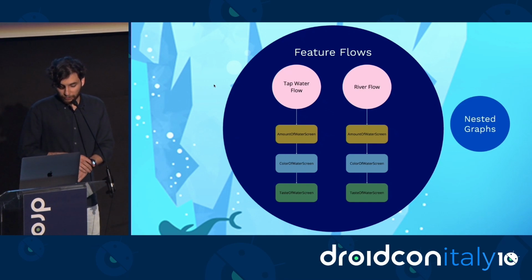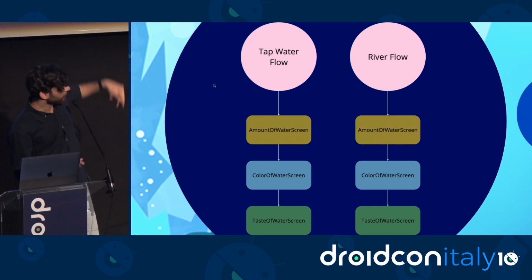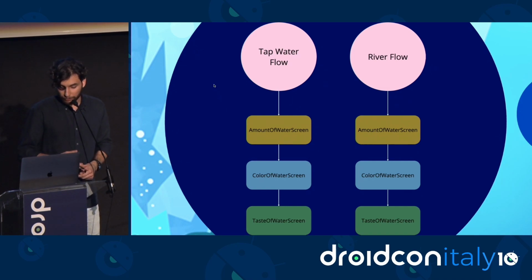Each of these flows had something like 8 screens, but the thing was that both of those flows shared 3 screens. For example, if you look at the tap water flow on the left, it has amount of water screen, color of water screen, and taste of water screen. I mean, 3 specifications that water has.